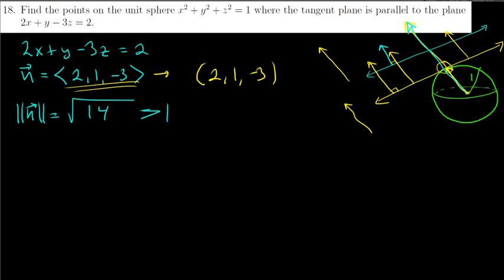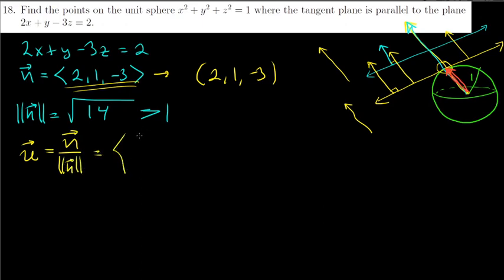We're looking for a vector of magnitude 1, so that the radius is 1 for the sphere. We know how to find a unit vector, say u, in the same direction as n: just divide by its magnitude.